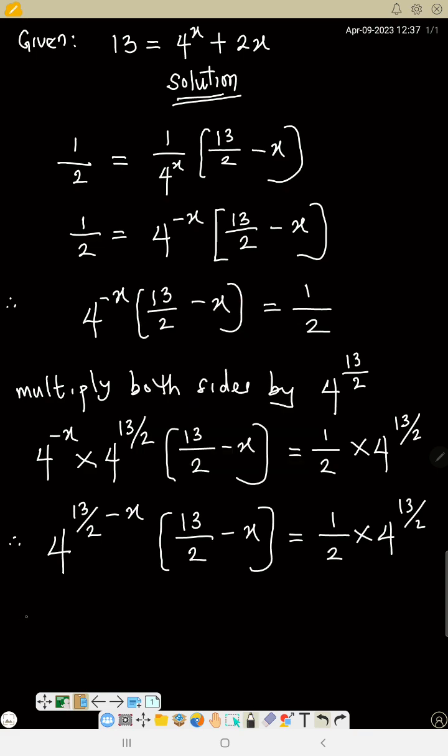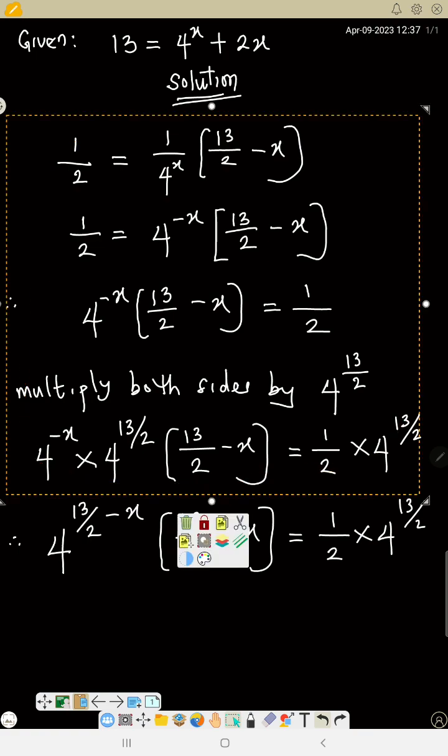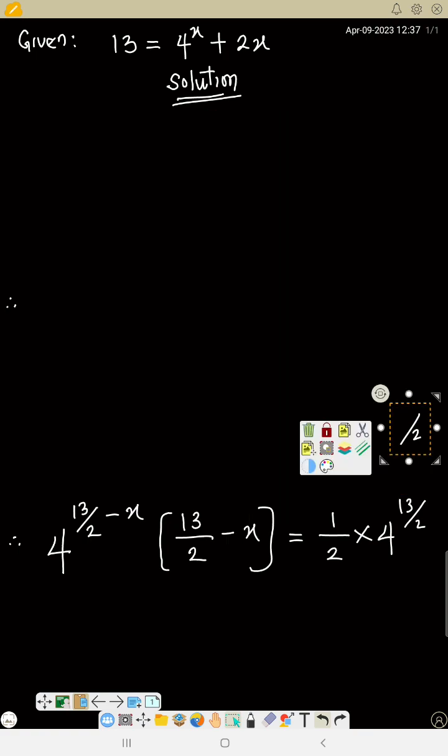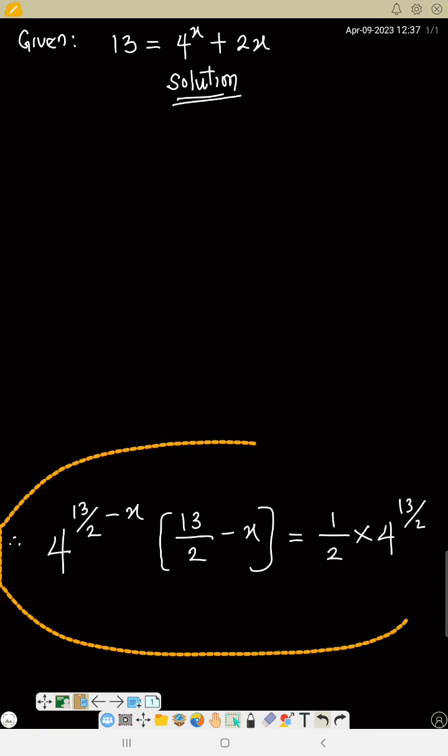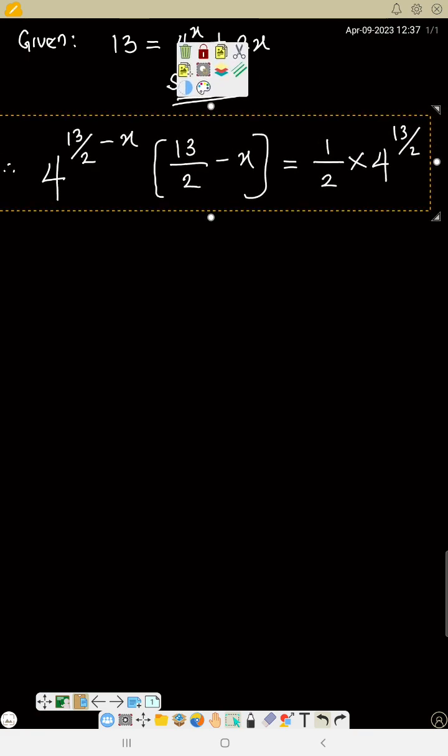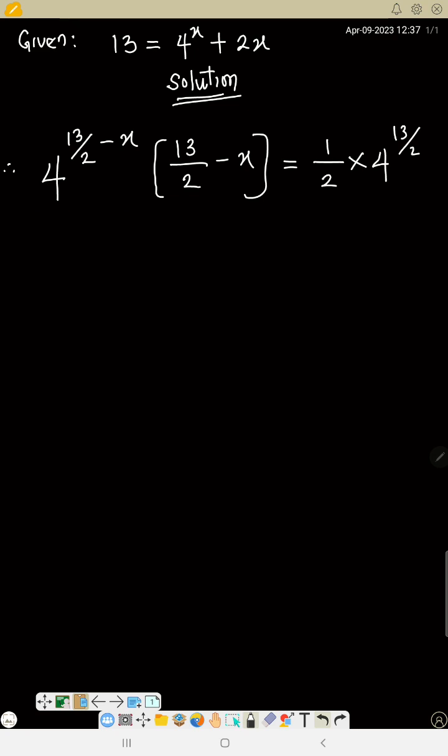So here now I can say this is 4 raised to power 13/2 minus x, e raised to power ln of 13/2 minus x.